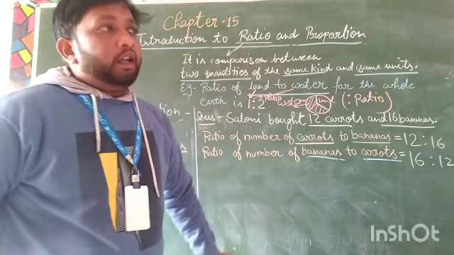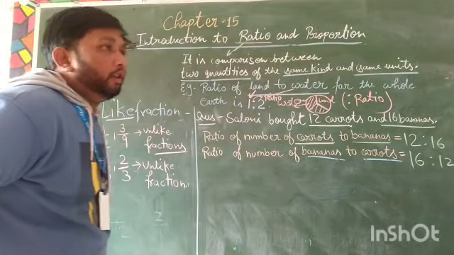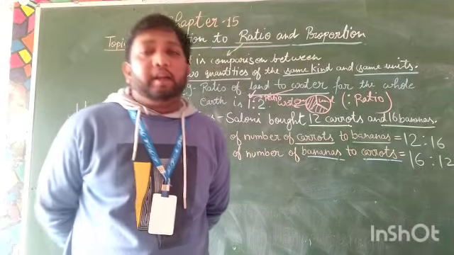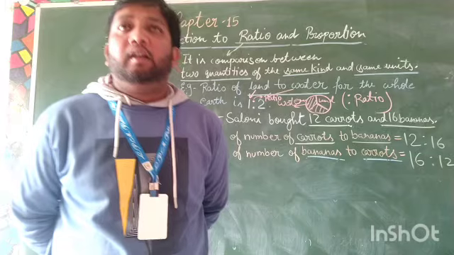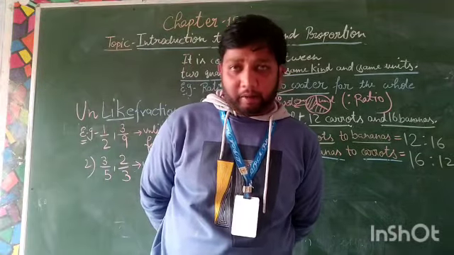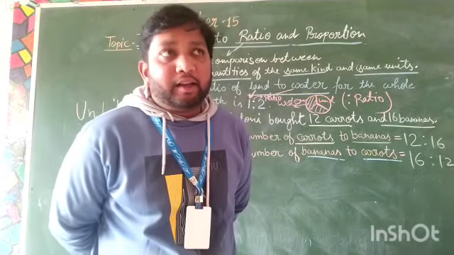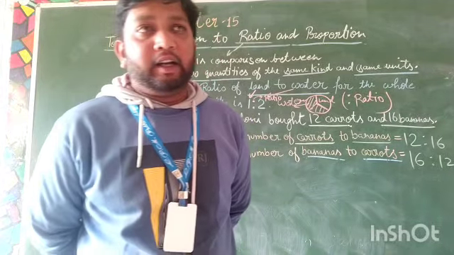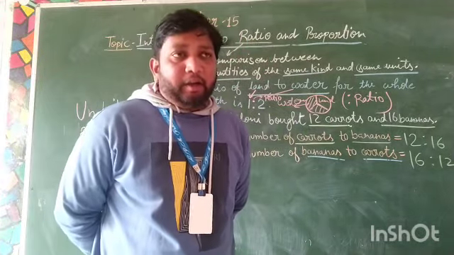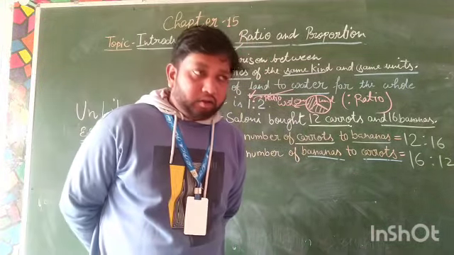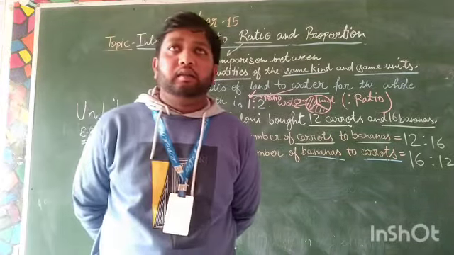Now moving on, the most important thing about a ratio: we have learned about many topics. We measure length in meters. For area, we measure in square meters or square centimeters. For volume, we measure in cubic centimeters, cubic meters, cubic kilometers, or liters.